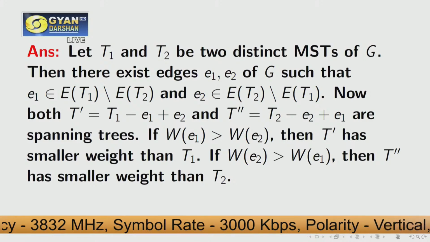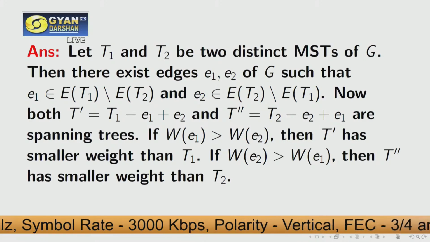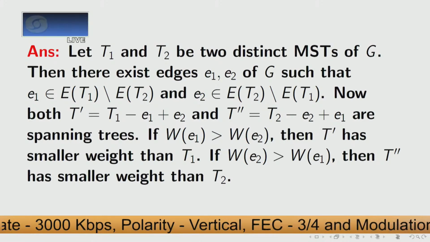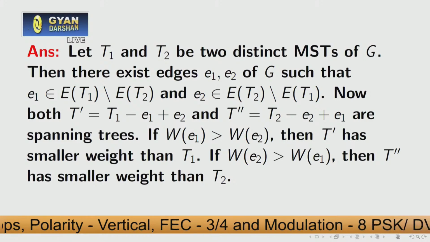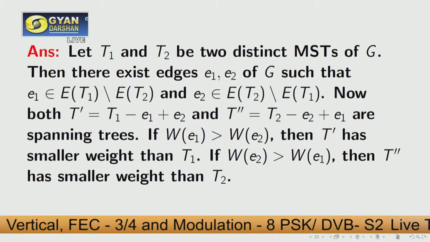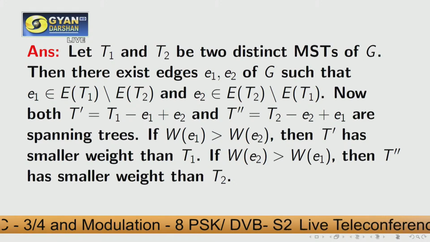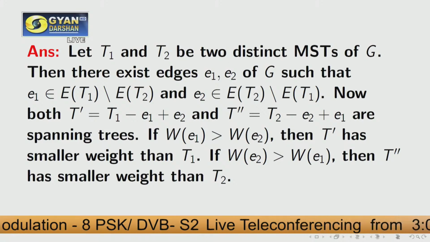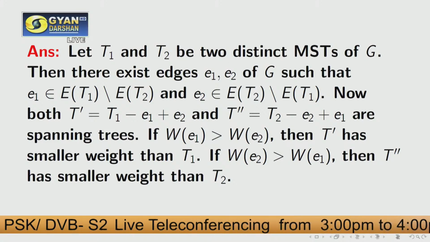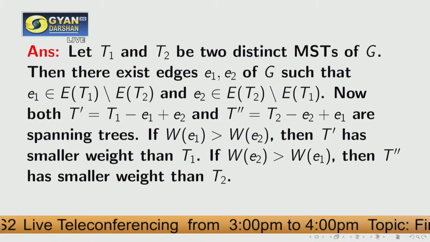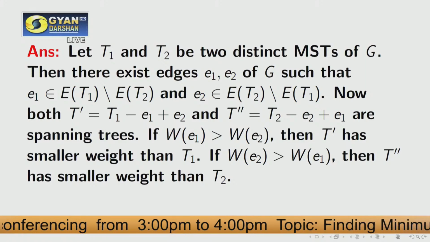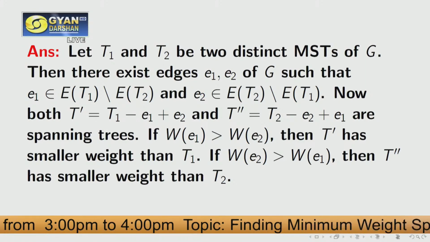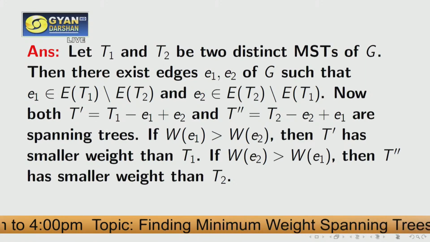But this is actually a contradiction, because T1 and T2 are minimum spanning trees. So there cannot be any spanning tree with weight smaller than the weight of these trees. So this shows that there is exactly one spanning tree when the graph has all edge weights distinct.